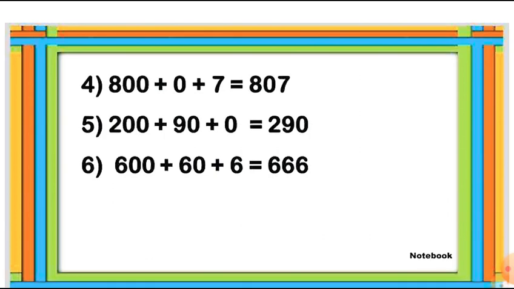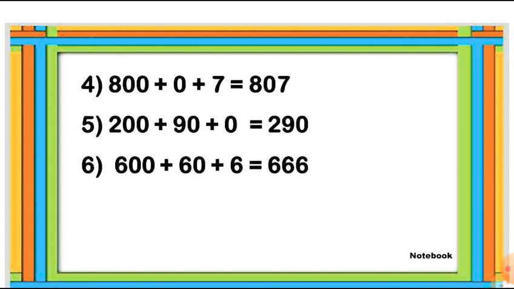Let's discuss some more questions. 800 plus 0 plus 7. How to write? Yes, 8 in the hundreds place, 0 in the tens place and 7 in the ones place, that is 807. Then 200 plus 90 plus 0, that is 2 in the hundreds place, 9 in the tens place and 0 in the ones place. So we got the number 290 as the short form.